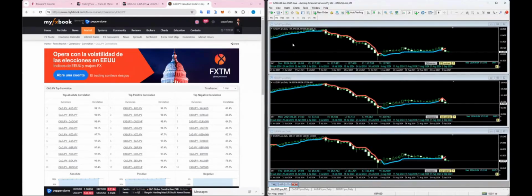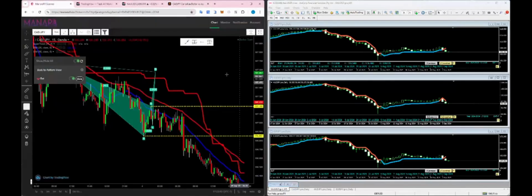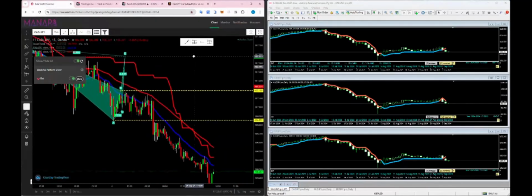And you see again the graphic is like the same one, you see? And the three of them are starting a downtrend. So that's why you can enter this trade, CAD JPY.